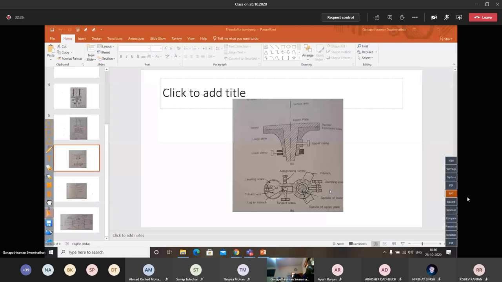Movement of the lower clamp will shift the position. When you clamp the upper clamp and the lower clamp, the horizontal movement is restricted, but the vertical movement will be there. Okay, you understand that?